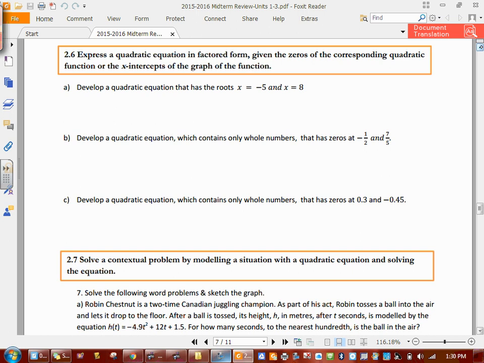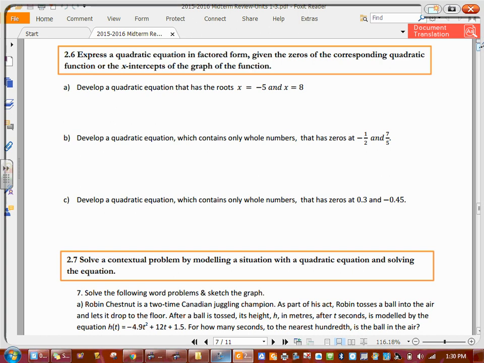I'm developing an equation, and it wants it in factored form, so I'm going to show two brackets. Now it tells me that it's got a root, which is an x-intercept, of -5, positive 8. Well, I'm going to put in my 5 and my 8, and you guys are going to tell me what sign to put with them.